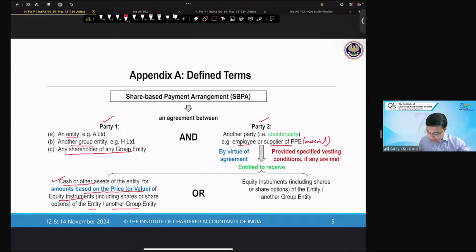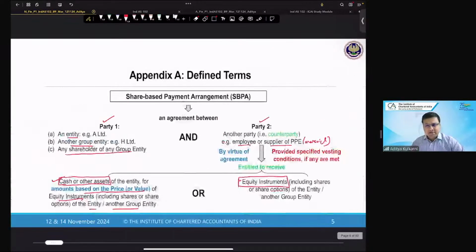Here it is cash or other assets. Here it is equity instruments, which could be shares or share options of the entity or other group entity. So this constitutes a share-based payment arrangement. So are we aligned on this definition?